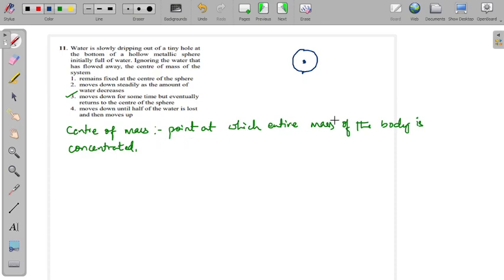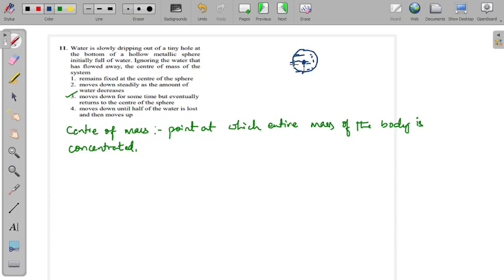It is a point at which the entire mass of the body is concentrated. Initially, when the sphere is full of water, the center of mass will be at the center of the sphere. As the water leaks, the weight becomes less, so the center of mass comes down.